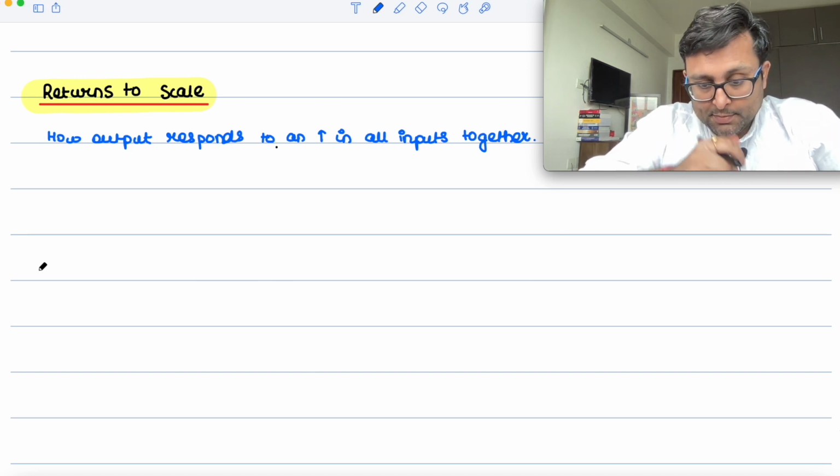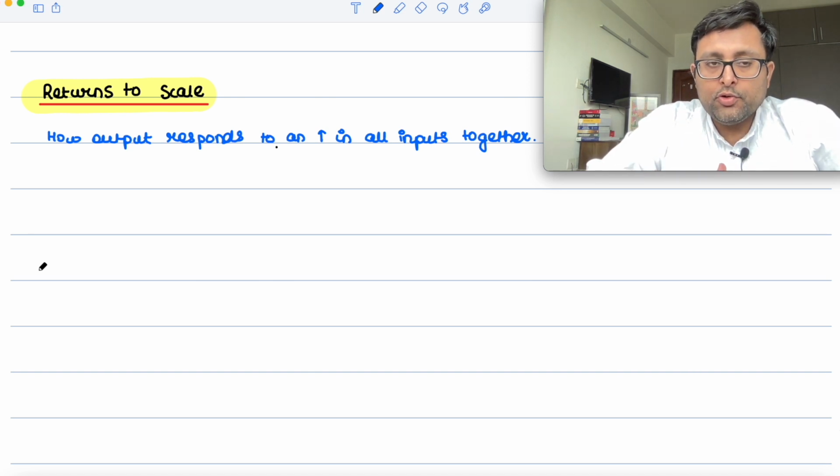So Adam Smith also tried to look at this question. He said, if you double all the inputs, then what can happen? One thing which can happen, whether it will happen or not nobody knows, that's an empirical question, is that there could be a greater division of labor.